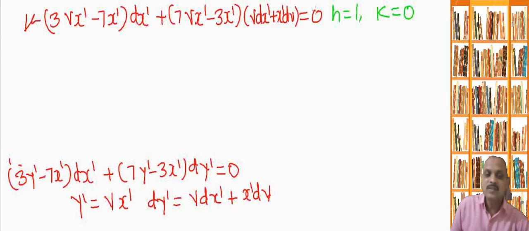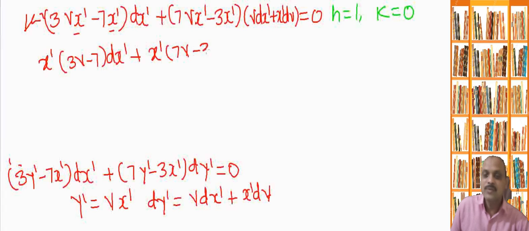Now x' common, x'(3v − 7) dx' plus x' common, (7v − 3)(v dx' + x' dv) = 0.